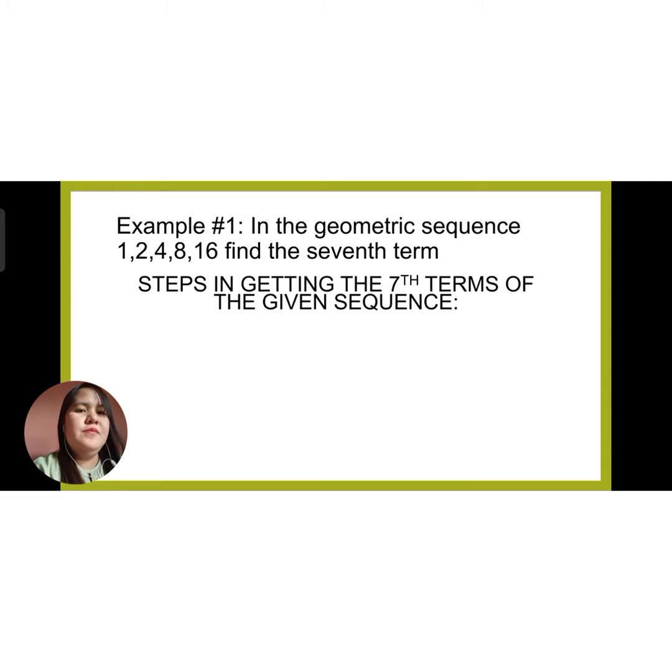Steps in getting the 7th term of the given sequence. First, you have to find the common ratio. How do we get the common ratio of a geometric sequence? In the arithmetic sequence, we subtract the first term from the second term, the second from the third, the third from the fourth, to get the common difference.